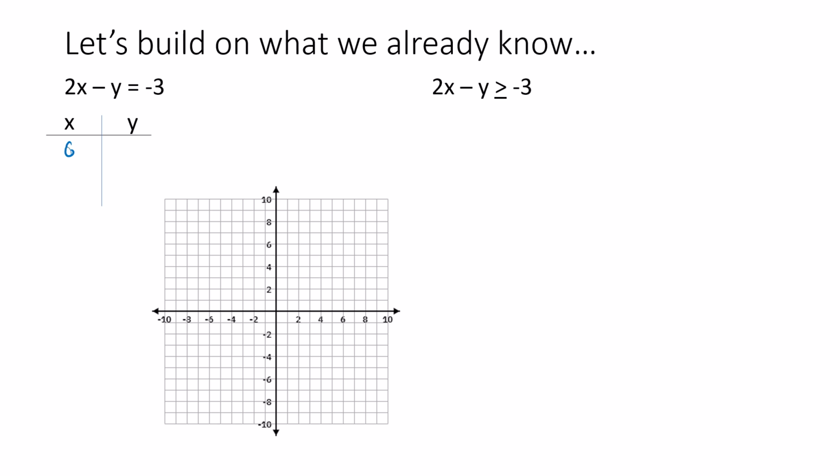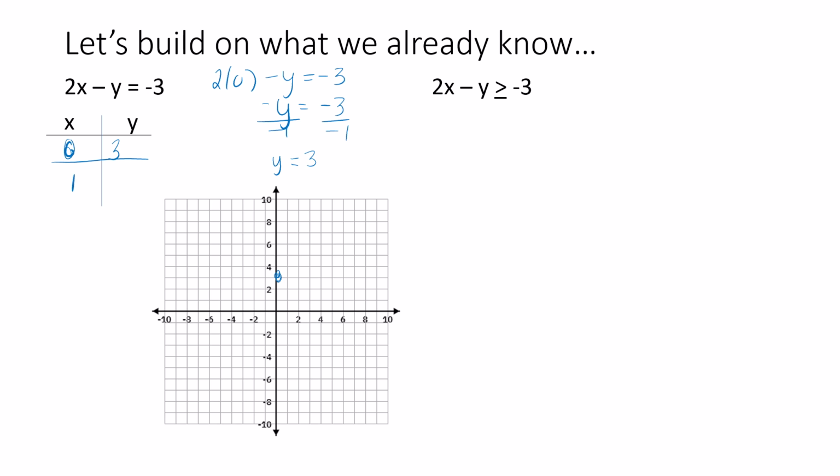We plug in a 0 for x. 2 times 0 is 0, leaving me with -y equals -3. Then we multiply or divide both sides by -1. Negative divided by negative gives me a positive, so y is equal to 3. That means the point (0, 3) is on the graph of that line.